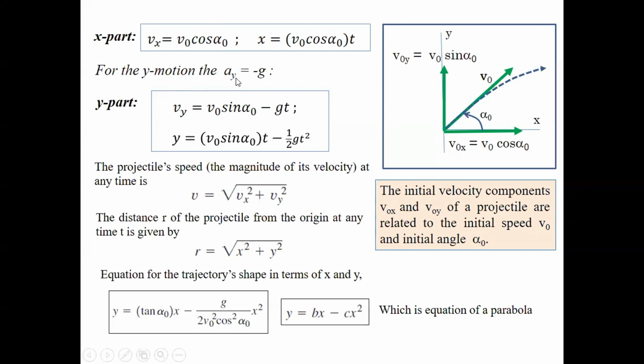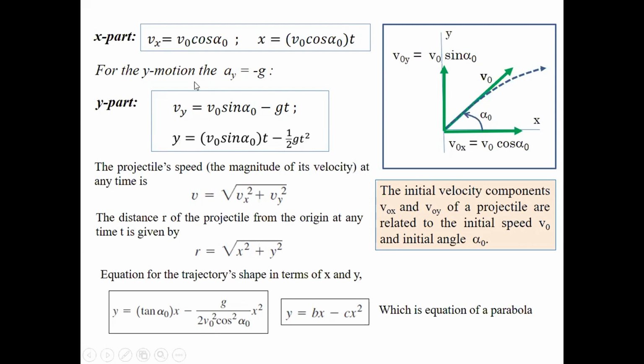While the motion in y has ay equal to minus g, the y part is then vy equal to v naught times sine of alpha minus g into t, and its integration will lead us to y equal to v naught sine of alpha times t minus half g t square.